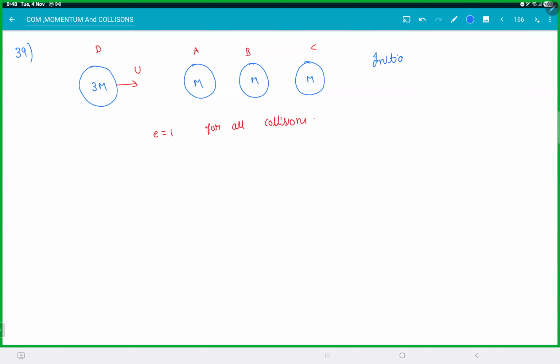Find the final velocity of all the balls. After all possible collisions, what is the final velocity of A, B, C, and D?